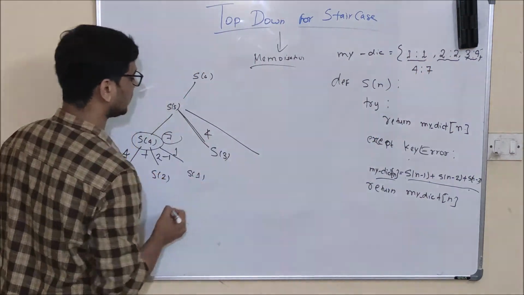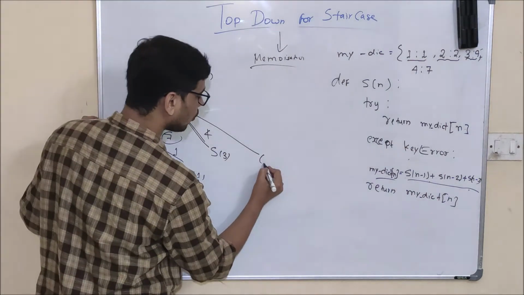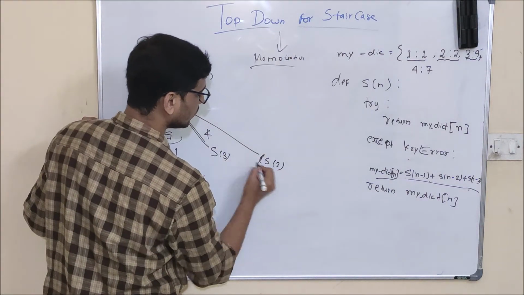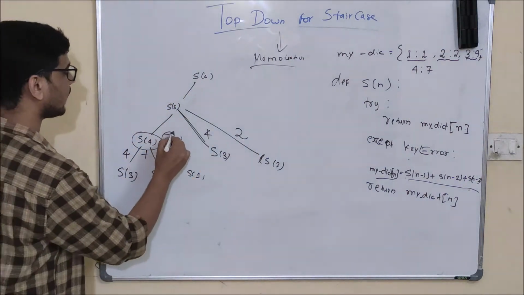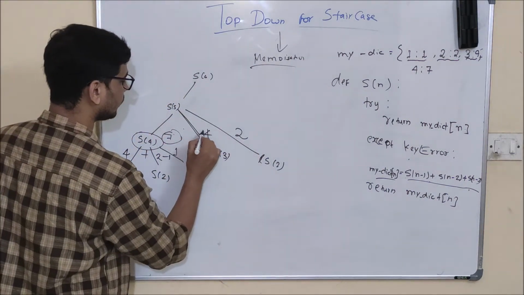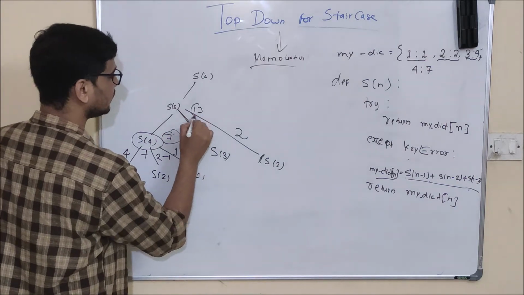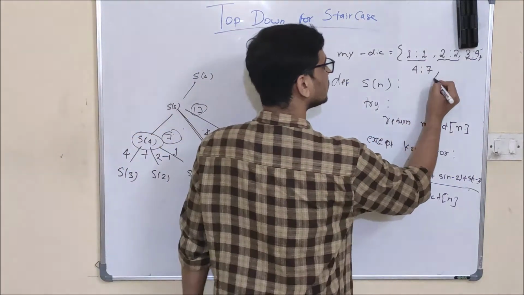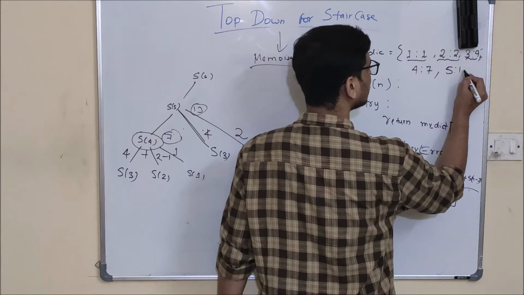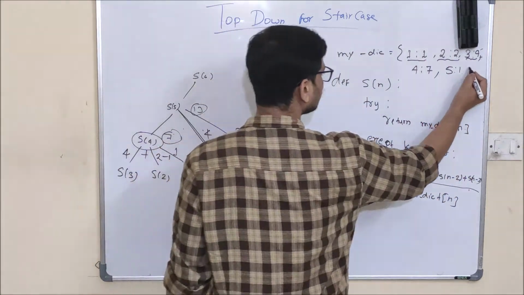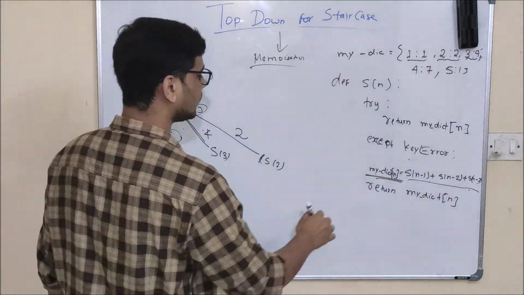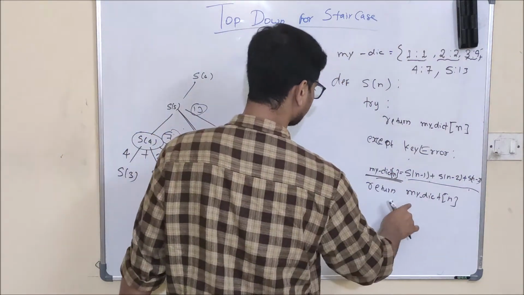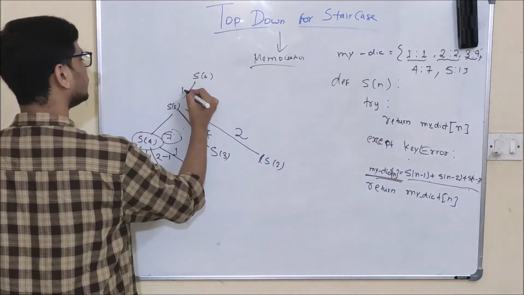After that, S of 5 will call S of 2, and S of 2 will return 2 from here, and S of 5 will sum it up, 7 plus 4 is 11, plus 2 is 13, and it will first update the dictionary, 5 is equal to 13, using this line, and after that it will return 13 to S of 6.